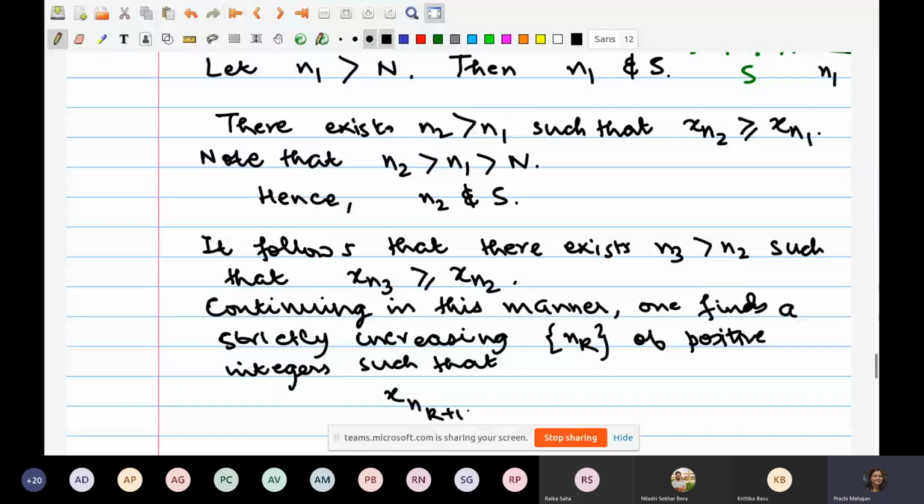What this is saying is that we have been able to construct a subsequence xnk of the given sequence xn which is monotonically increasing.